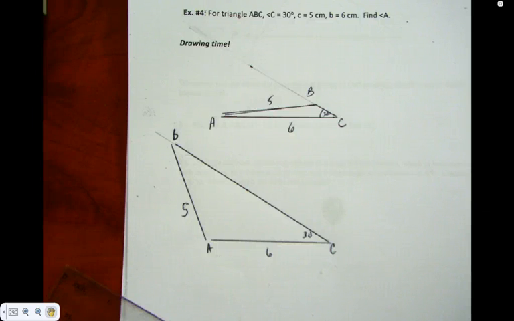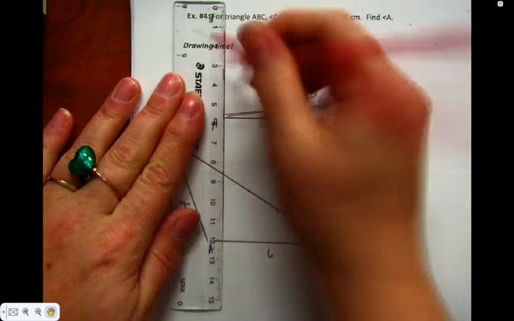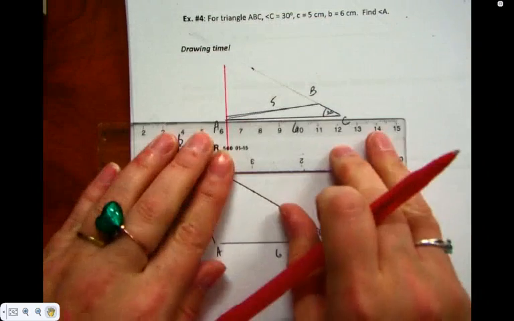So the 6 is the same, the 5 is the same, the angle 30 is the same. What's different between these? It's angle A. There's a huge difference between angle A. Grab a different color, I don't care what color, and I'm just going to add the axes to here. So let's pretend we had put A at the origin.